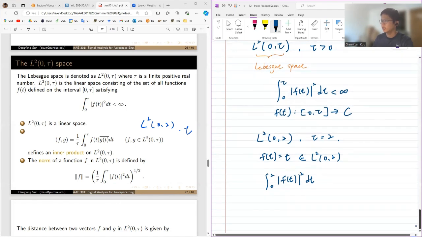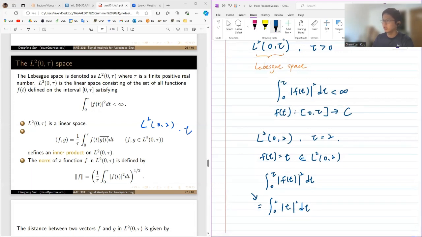In this case, f(t) is t, so we substitute that in. Here I substituted tau equals 2 and f(t) equals t.